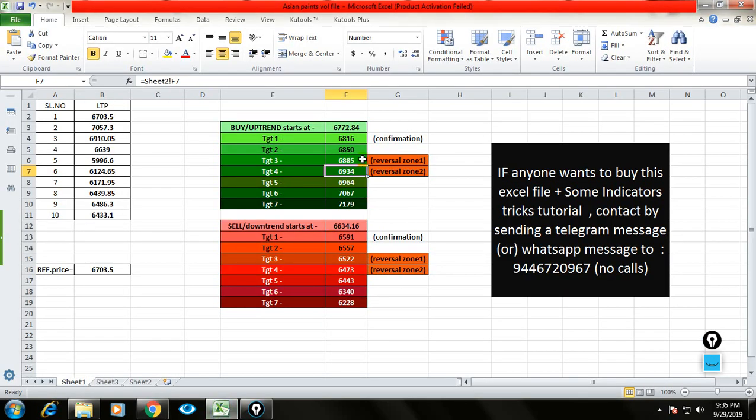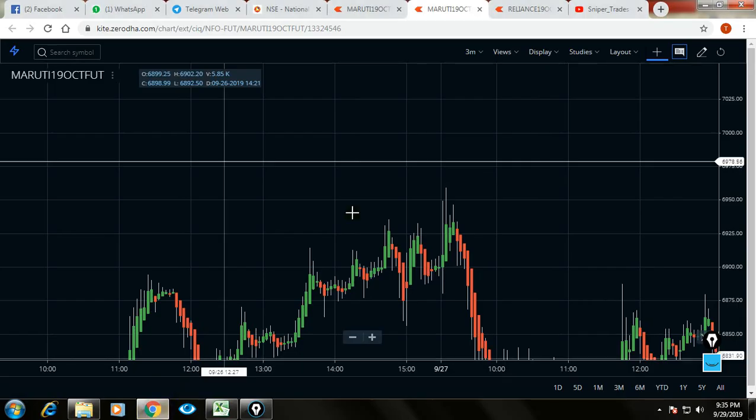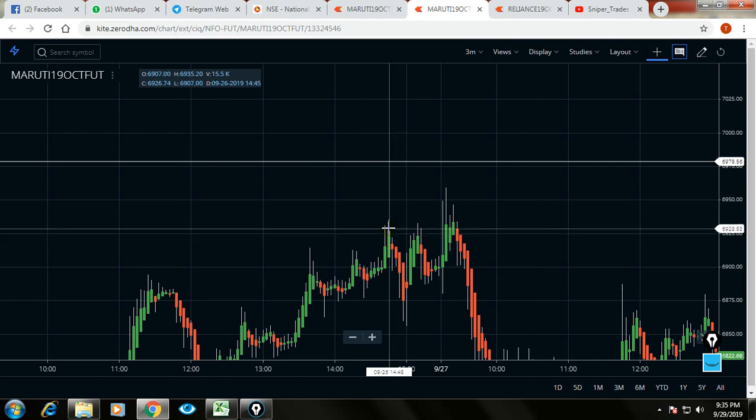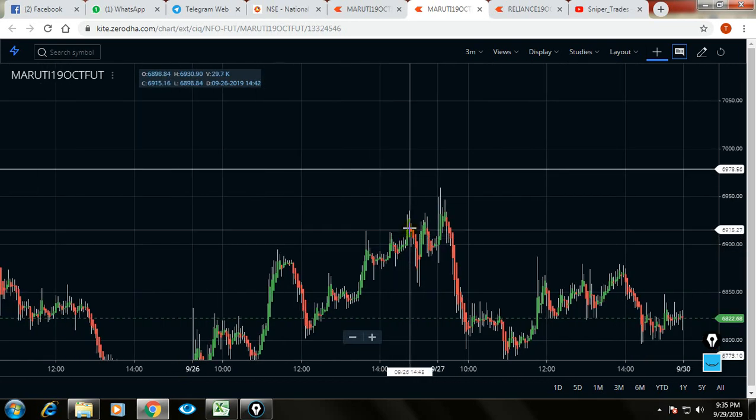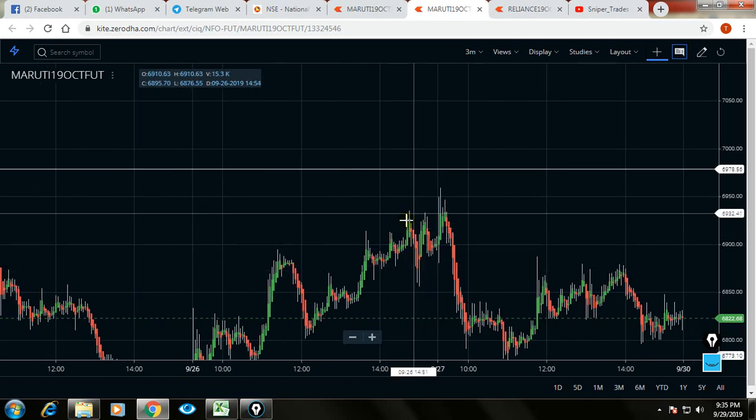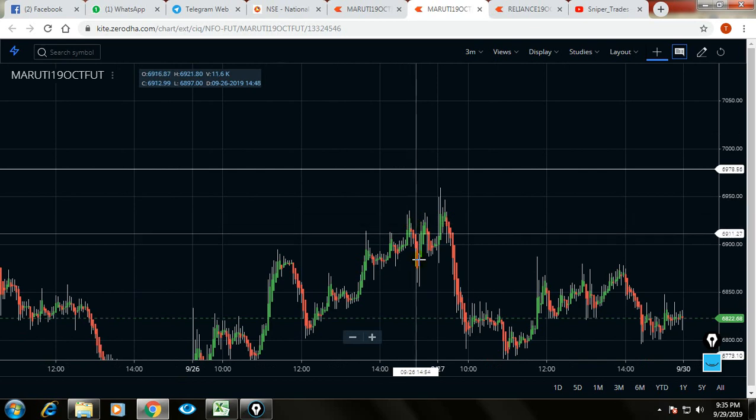Okay, the target 3 is achieved, which is also the reversal zone 2 or resistance 2, which is of significance. So upon reaching the reversal zone 2, the price has managed to come downwards. See, there is a downward thrust. The price tends to slow down and come downwards.